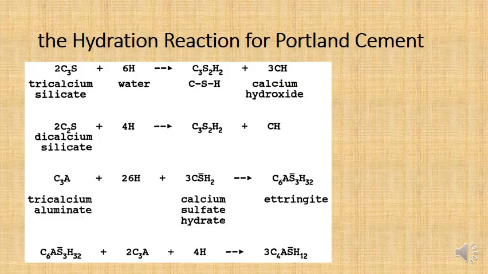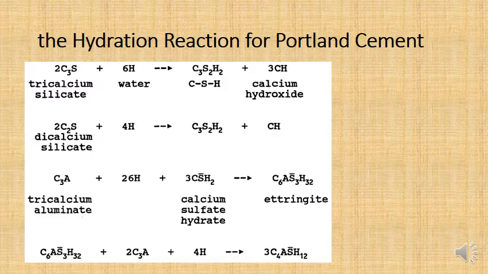So you would have remembered these formulas, and you don't need to know these off by heart, but you would have seen these formulas when we went through cement together. These are the basic hydration reactions that take place for Portland cement.